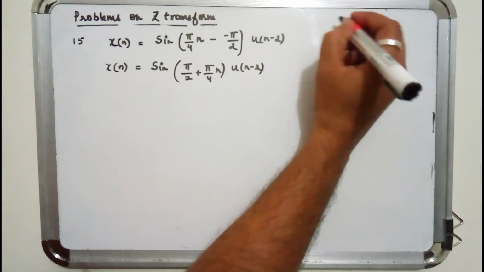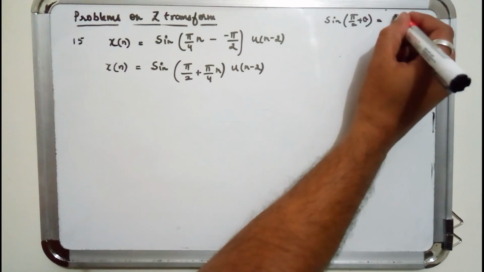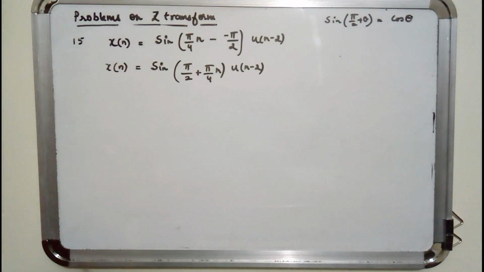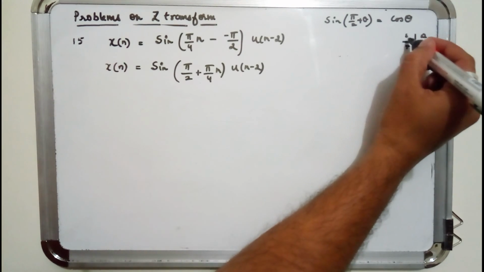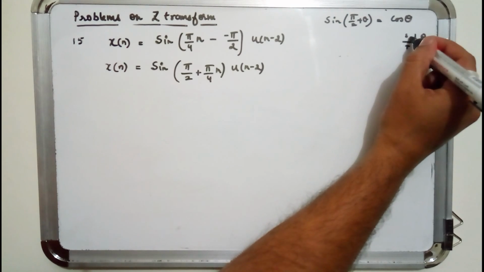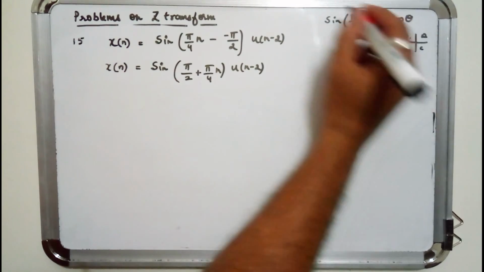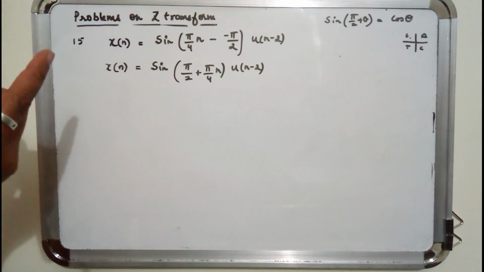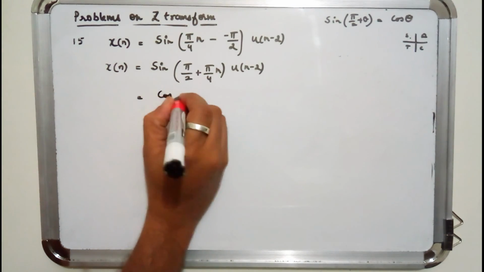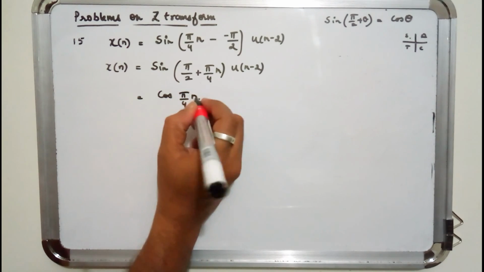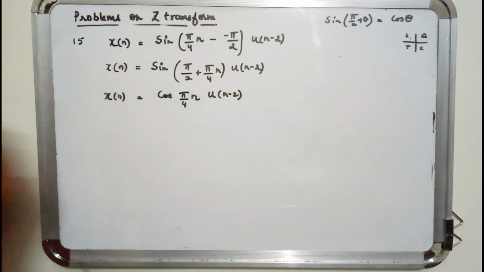Now remember, sin of pi/2 plus theta is cos theta, because of the ASTC rule: all are positive, sine is positive. So pi/2 plus theta means it comes in the second quadrant, where sine is positive. But since it is pi/2 into an odd multiple, that is 1, I will be getting cos. So here I'll be getting cos(pi/4 n) u(n minus 2). So x(n) is this.